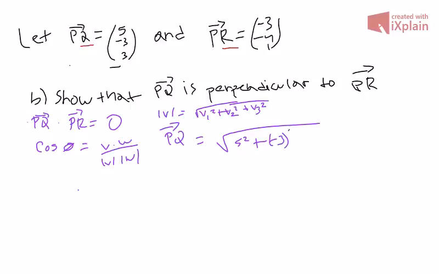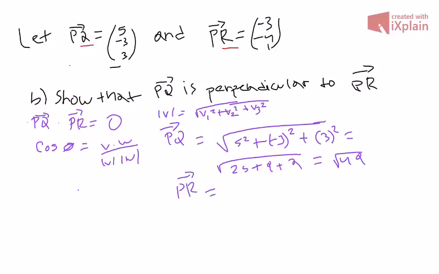We do this by taking its components and squaring them. So 5 squared plus negative 3 squared plus 3 squared. And this ends up being equal to the square root of 25 plus 9 plus 9, which is equal to the square root of 49. In order to find the magnitude of vector PR, we do the same.